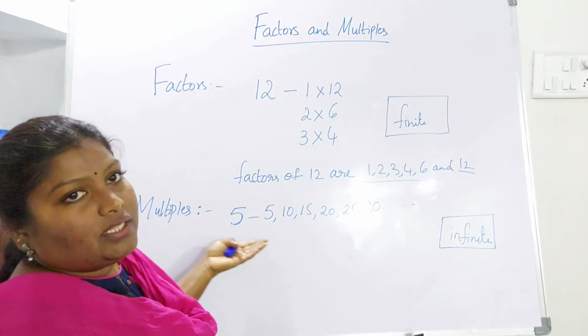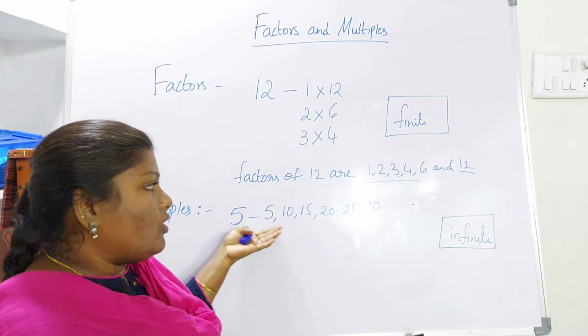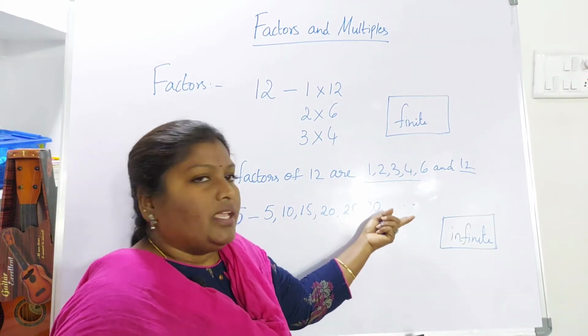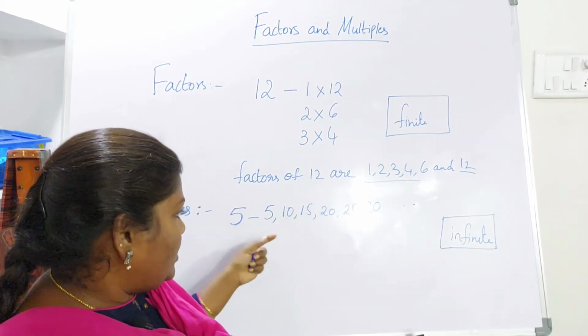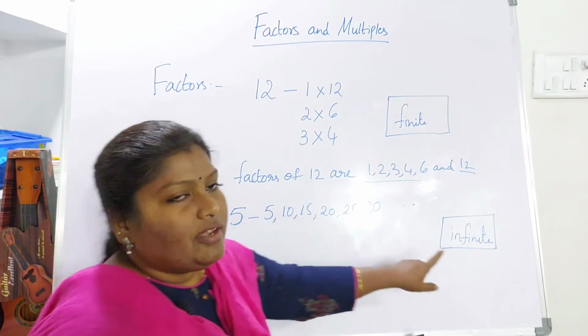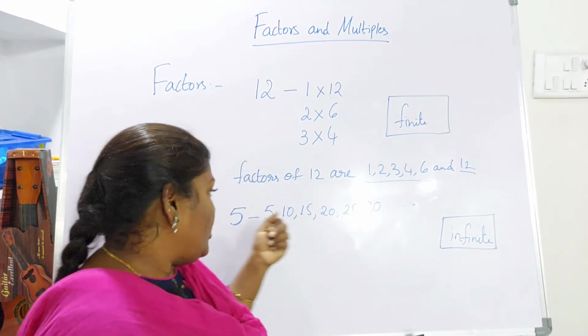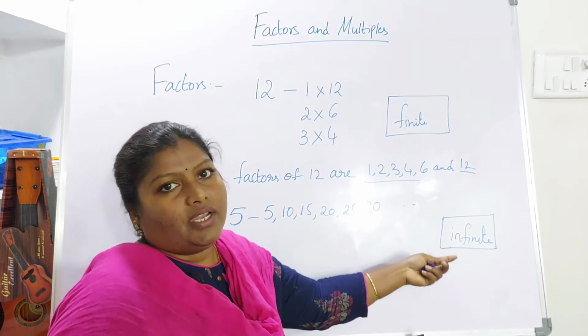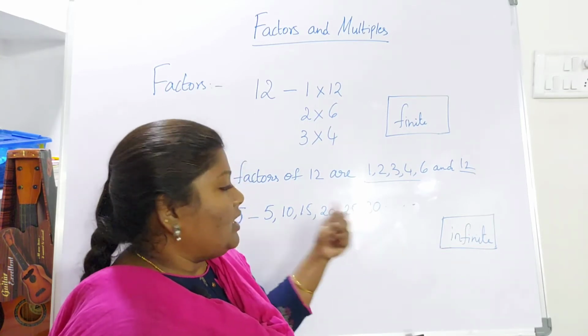Because there is no end for the numbers, if you go on multiplying, you're going to get n number of numbers. So in this case, multiples are infinite. Whichever number you take, you will get infinite multiples.